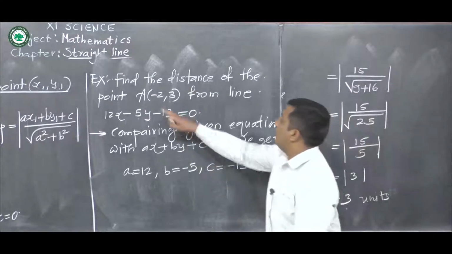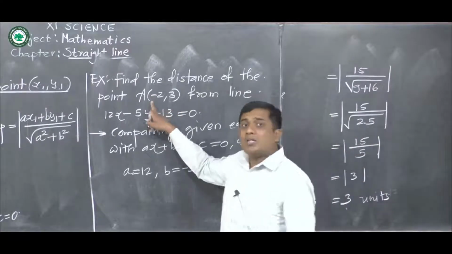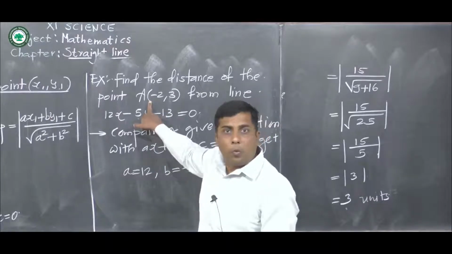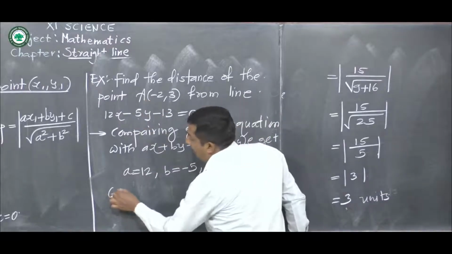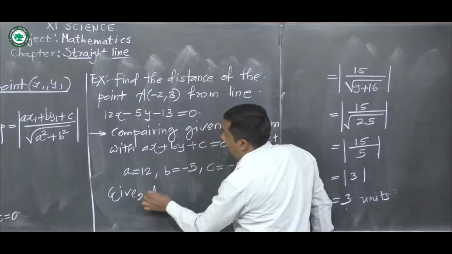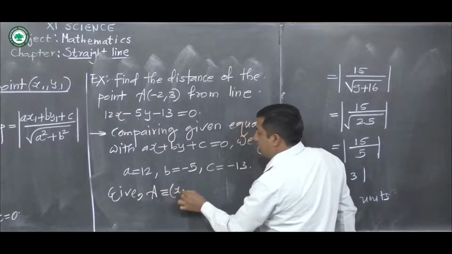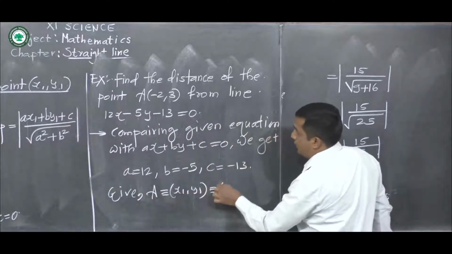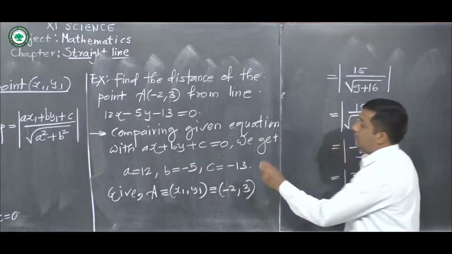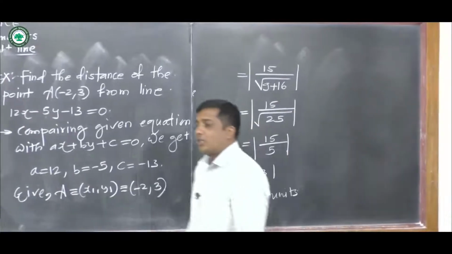Here also one point is given. Suppose coordinates of the given point are x1, y1. Here I write the given things: A is having coordinates x1, y1, which is equivalent to -2, 3. Let's go with our formula to find the distance.